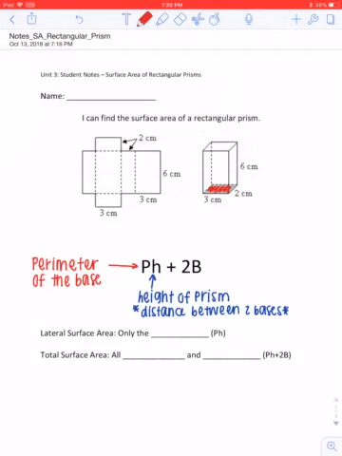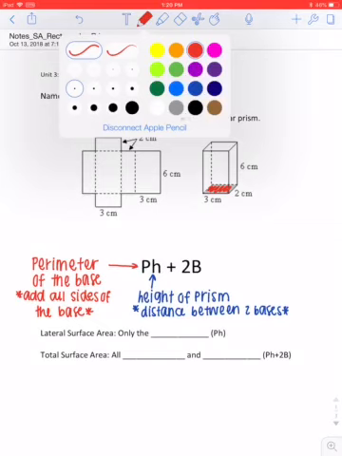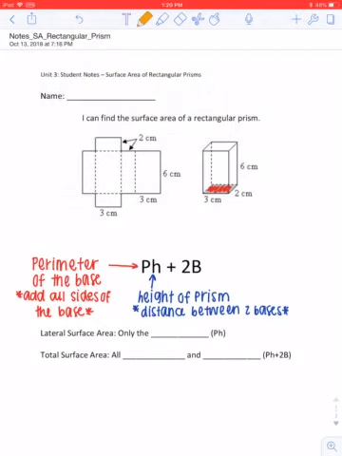And just to go back to perimeter, to find the perimeter, you add all sides of the base. Okay, so that's the first part. Because these two letters are next to each other, you know that indicates multiplication. So you would find those two values and multiply them together.